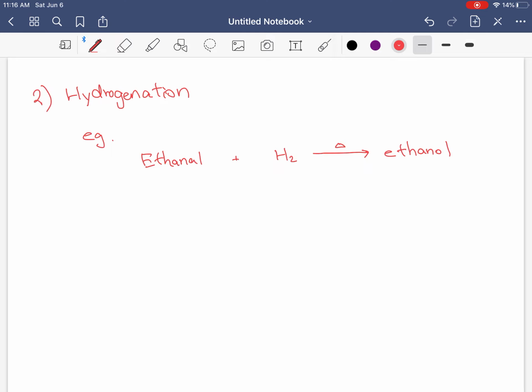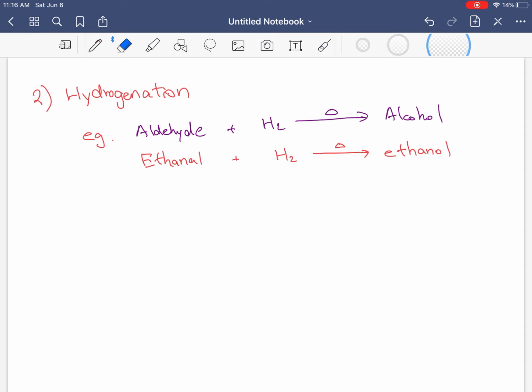So let's write that down as a general reaction. So you have an aldehyde, okay, reacting with hydrogen gas in the presence of heat will give back your alcohol. Okay. So does that mean a ketone works too?